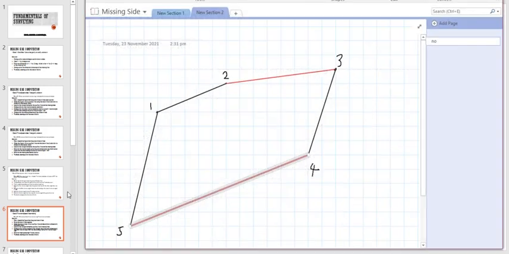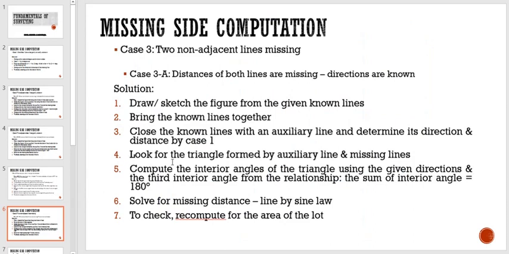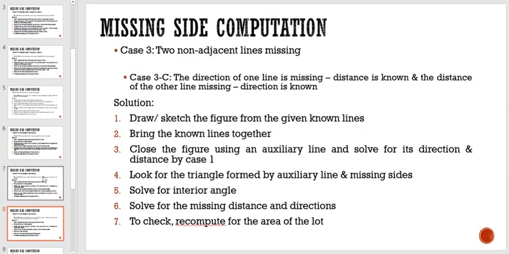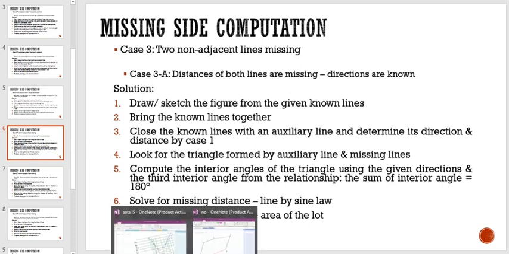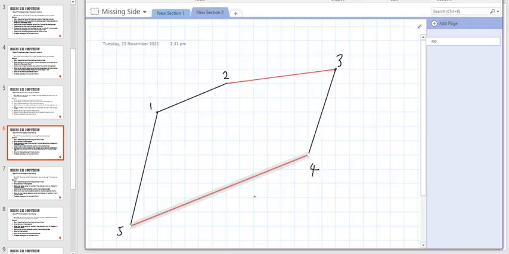So we also have three subcases for case 3. For case 3A, distances of both lines are missing and directions are known. So given ang mga bearing, measurement of distance is unknown.